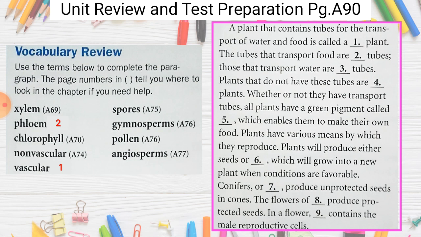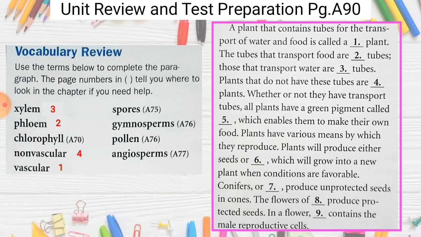Those that transport water are... Xylem. Plants that do not have these tubes are... What word is for space number 4? Non-vascular.